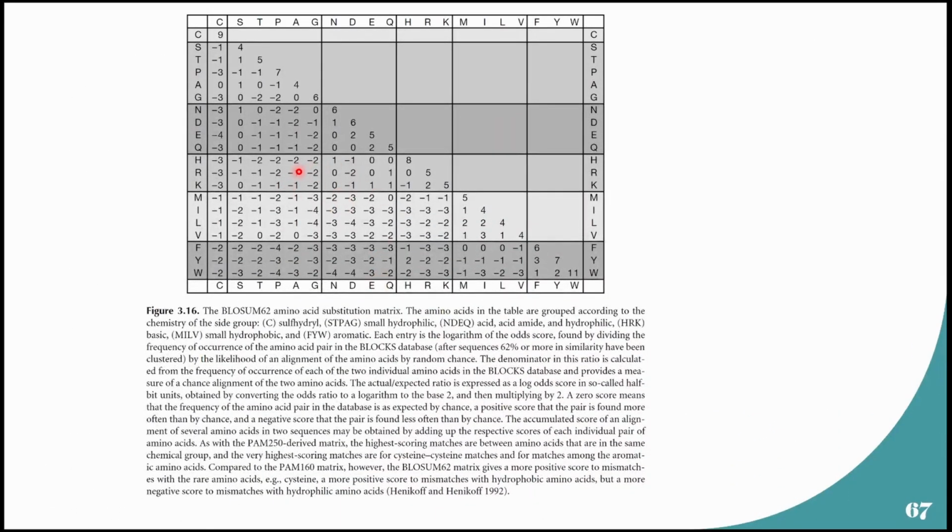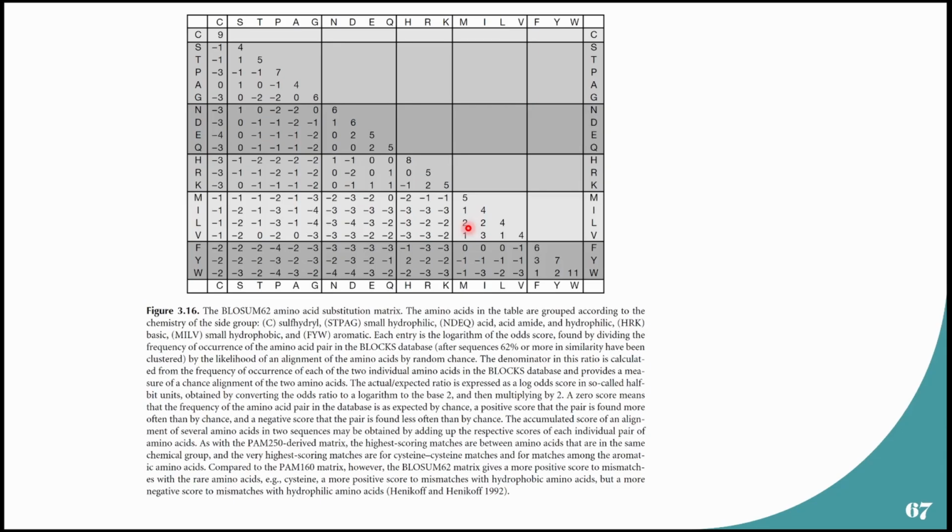The same is given here in the case of the BLOSUM matrix. BLOSUM 62 is mentioned here, and again you can see similar behavior. For example, cysteine versus cysteine is the most conserved, or most resistant to mutation. Similar amino acid to similar amino acid transitions will be favorable.